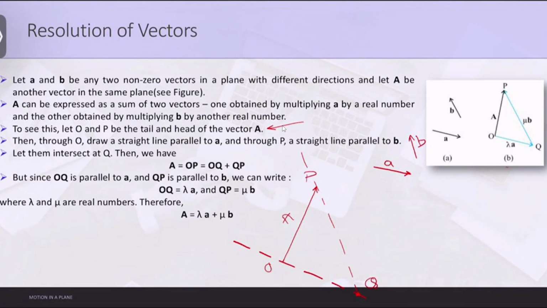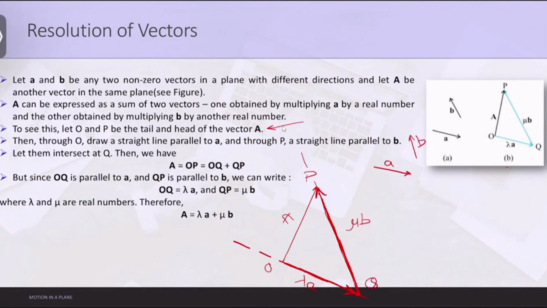These two lines intersected at a point which we now denote as Q. So finally, if we multiply a by some lambda value, that value gives you this new vector. Similarly, if we multiply b by some mu value, we get this vector also. That is how this lambda and mu value can be obtained graphically.